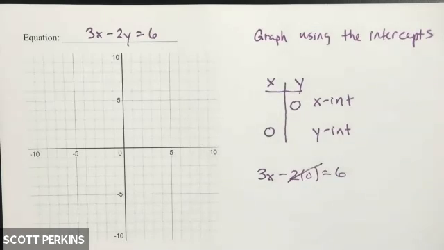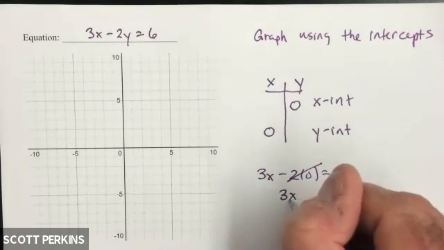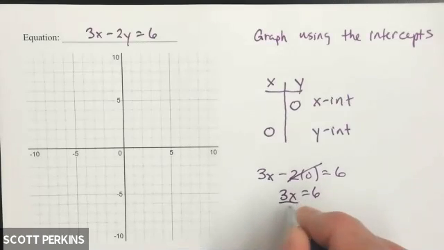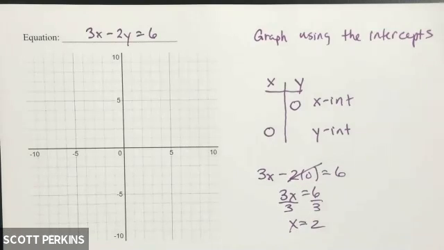You can use your thumb to cover up that term. But I'm going to write all this work down because I want it to be in your notes so that when you engage your homework later today, you can remember exactly what we did. I'll divide both sides here by 3, and I get x is equal to 2. So the x value 2 goes with the y value 0. That's my x-intercept.